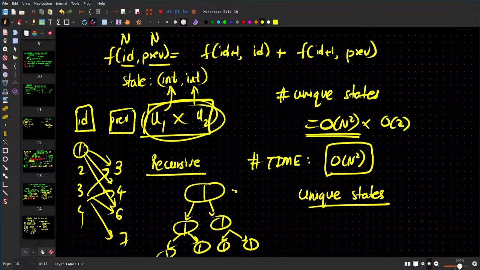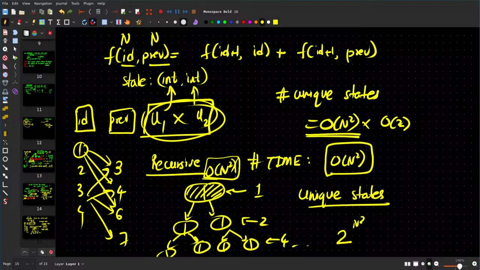Now this will take one value, 2, 4 and so on, and the collective values that any node can take will be order n square unique values. So that exponential term would then become something like 2 raised to n square or something. You will have to figure that out, but it is some exponential factor.